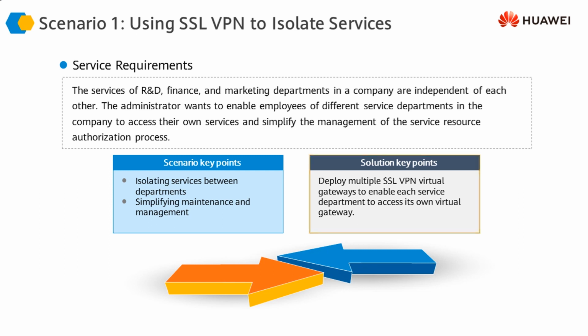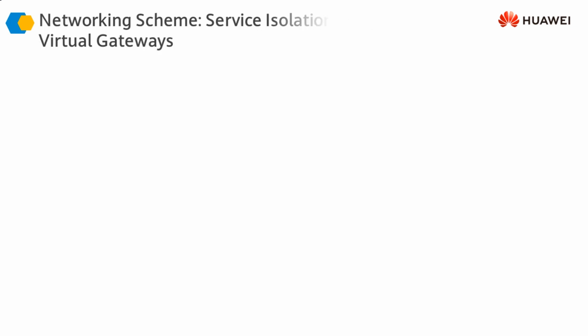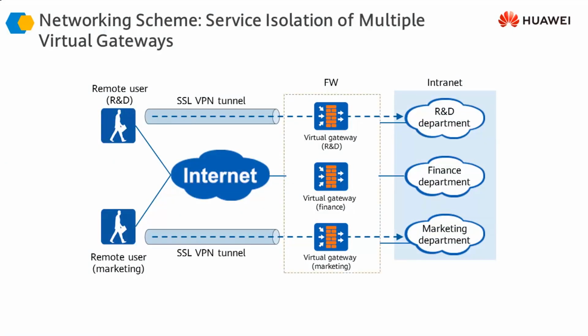We can configure multiple virtual gateways on the firewall, and every client, depending upon which department they belong to, would be accessing their own virtual gateway with its own IP address. So this is what the situation is going to be. On our gateway firewall, we are going to configure multiple virtual gateway devices or multiple SSL VPN devices, and each SSL VPN device is going to serve users from a specific department.